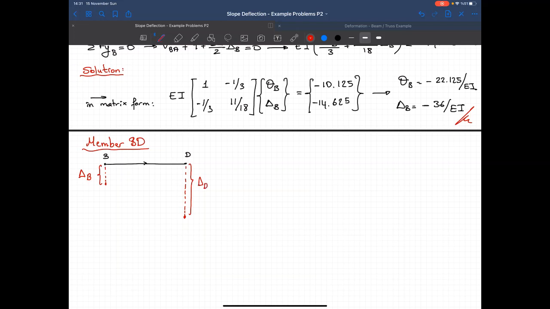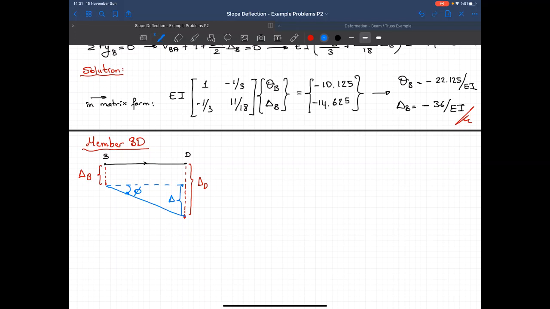Now, in the slope deflection equations, we are using the chord rotation. So the chord rotation is, this is the undeformed shape, right? Just rigid body translation, and the difference between the displacement of point B and D is as follows. Let's call this displacement delta, and by definition that's my chord rotation, the phi angle.